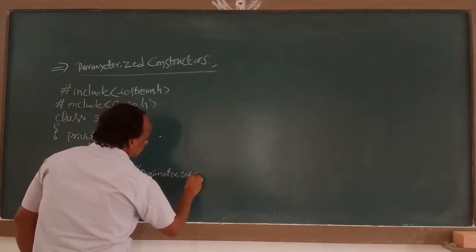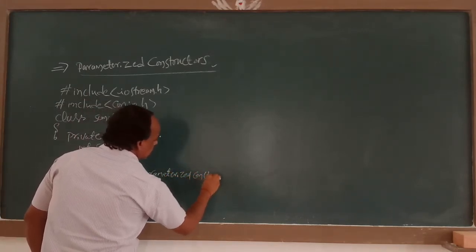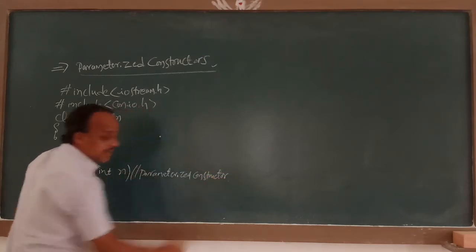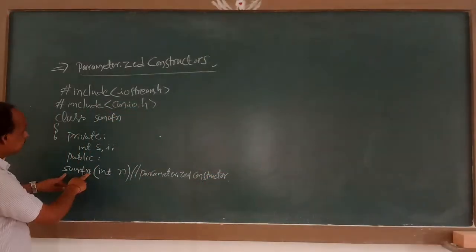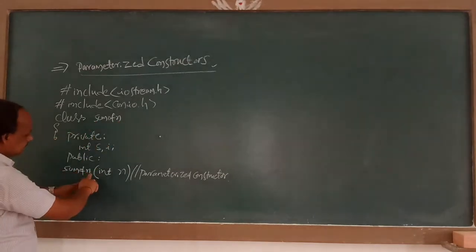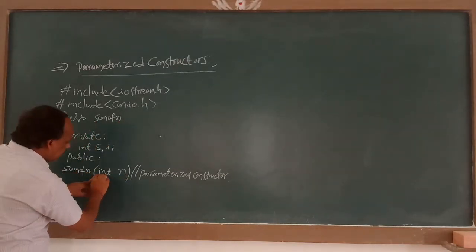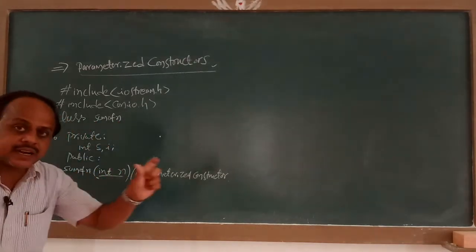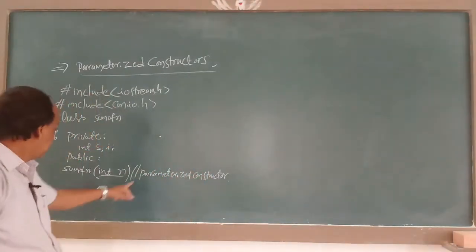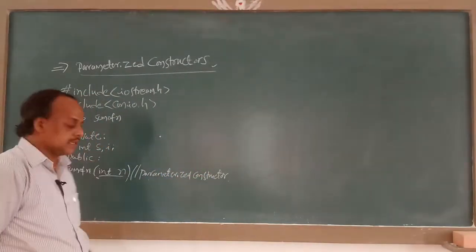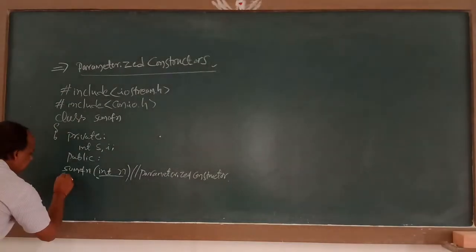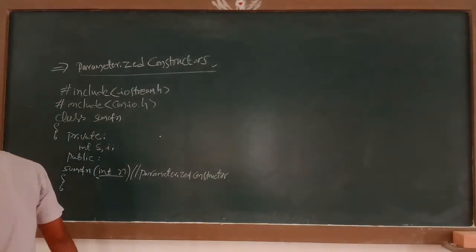Parameterized constructor. Because the constructor name is the same as the class name, and it contains one argument in it. A constructor that contains arguments means a parameterized constructor, right? So I am writing the body of the parameterized constructor.